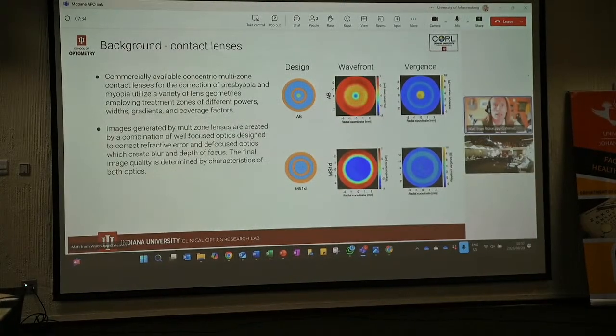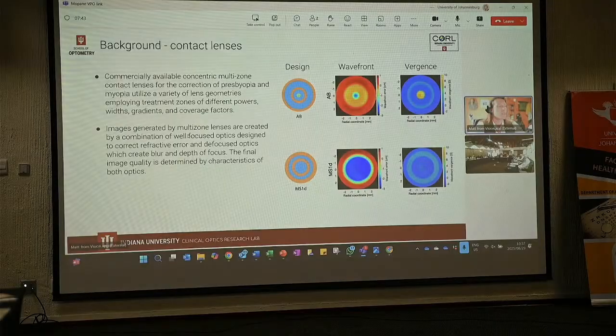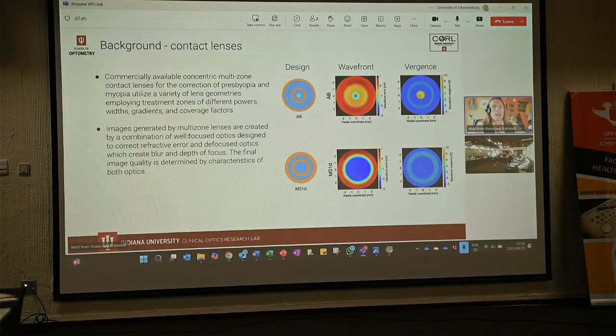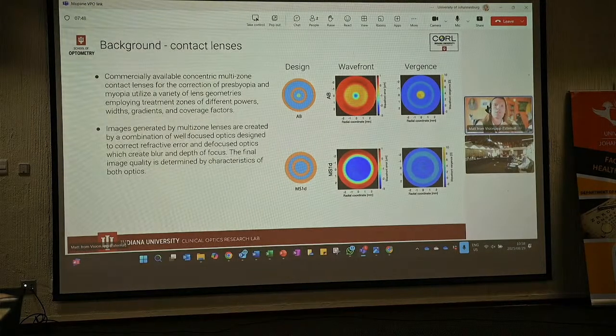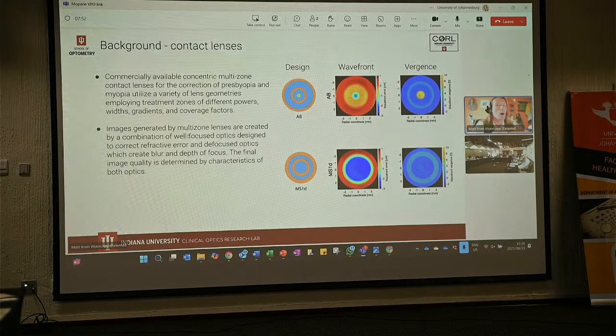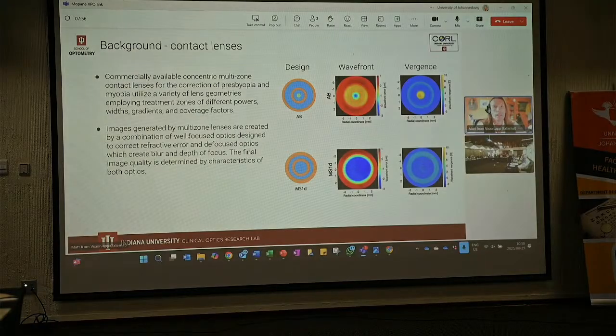The same is implemented in contact lenses. Likewise, as with the spectacle lenses, in contact lenses we see different angular and circular zones which have different optical power. For example, a zone can have an extra positive power, meaning focus in front of the retina and contrast modulation.